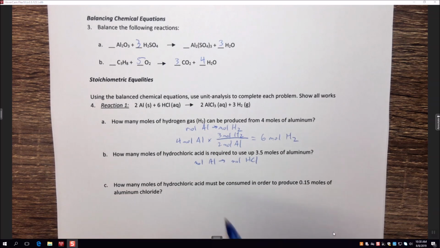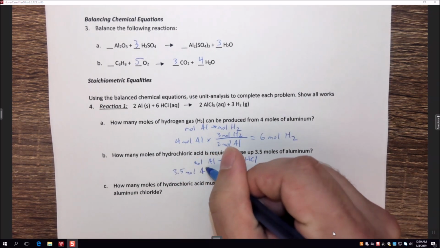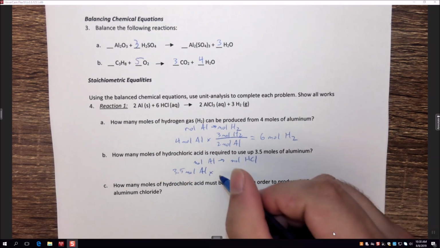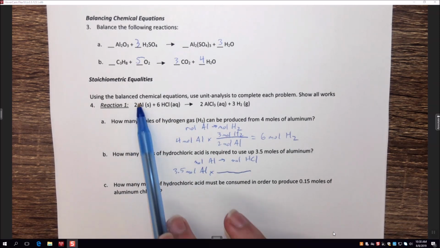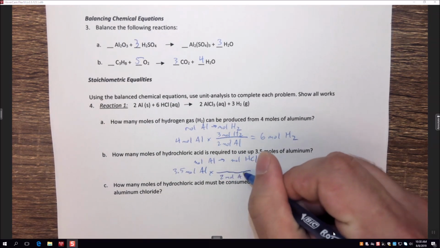In this case, however, we are doing 3.5 moles of aluminum, and we're going to convert that to moles of hydrochloric acid. Well, to do that, we need our balanced chemical equation. We need our stoichiometric coefficients. So for aluminum, again, we have 2Al, so 2 moles of aluminum.